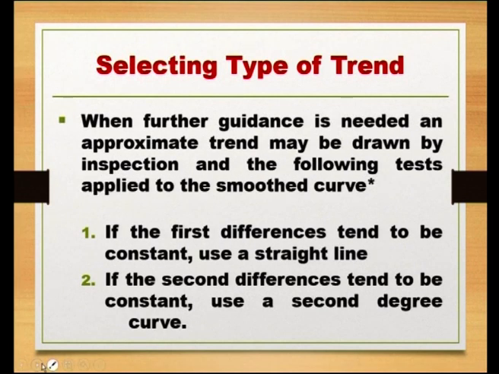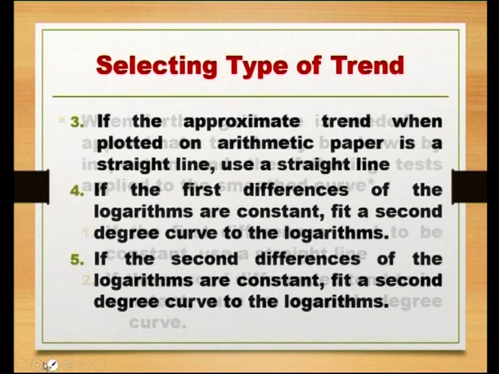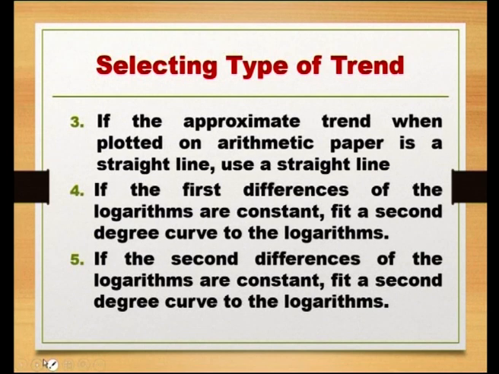When further guidance is needed, an approximate trend may be drawn by inspection and the following tests applied to the smoothed curve. If the first differences tend to be constant, use a straight line. If the second differences tend to be constant, a second degree parabola, a second degree curve, has to be used. If the approximate trend when plotted on arithmetic paper is a straight line, use a straight line. If the first differences of the logarithms are constant, fit a straight line to the logarithms.